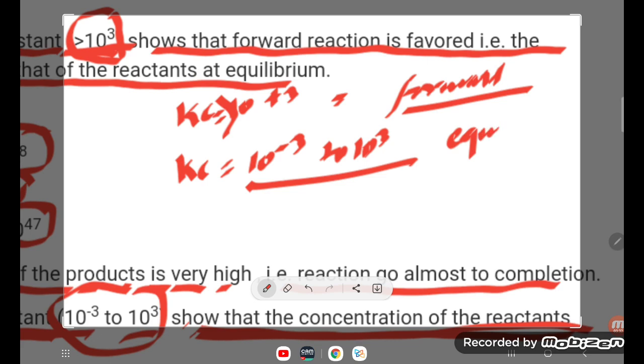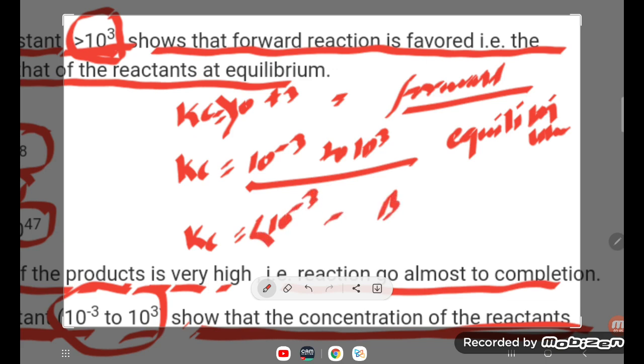Now if the Kc value is less than 10^-3, then it is the backward reaction. This is the backward reaction, students.